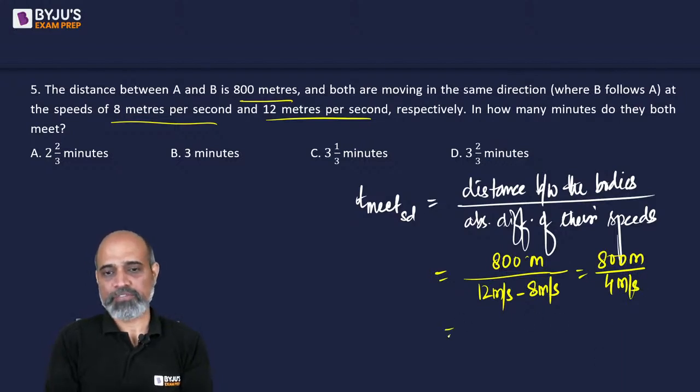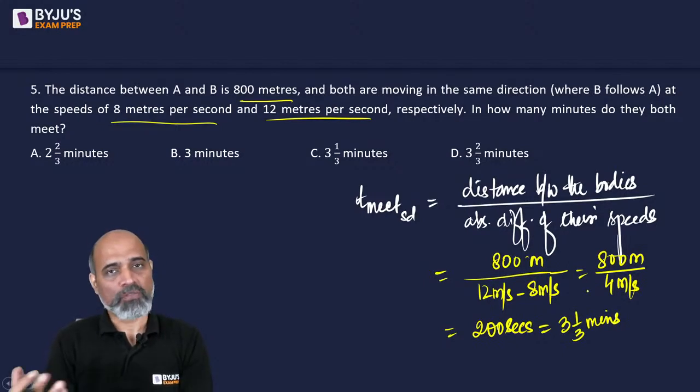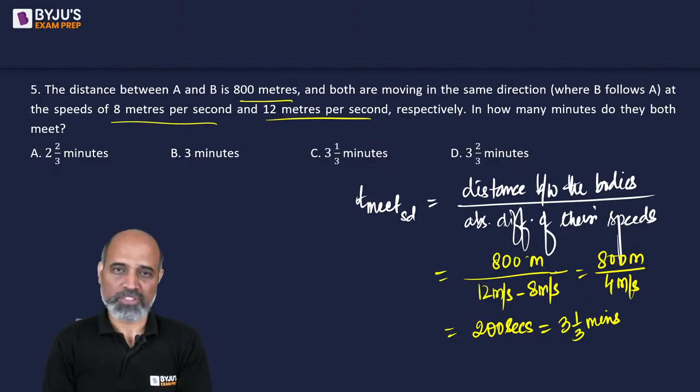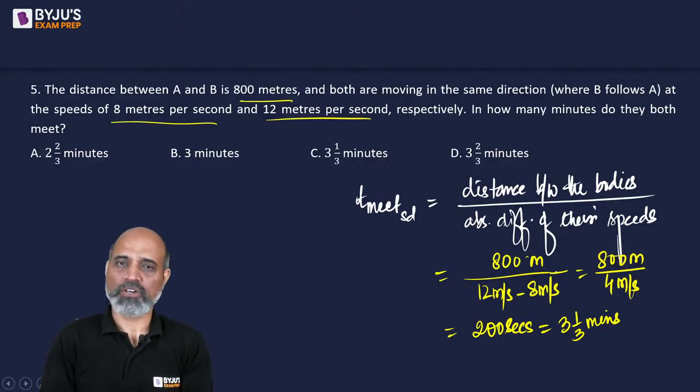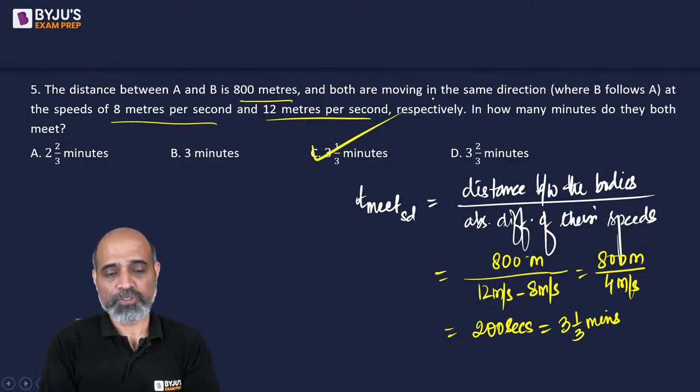So 800 by 4 is going to give us 200 seconds, and 200 seconds is 180 seconds plus 20 seconds. 180 seconds is 3 minutes, and 20 seconds is going to be 1/3 of a minute. So 3 1/3 of a minute. In case you are not able to convert this easily, 200 को 60 से divide कर दो, you will get automatically the minutes conversion. So the answer is supposed to be C.